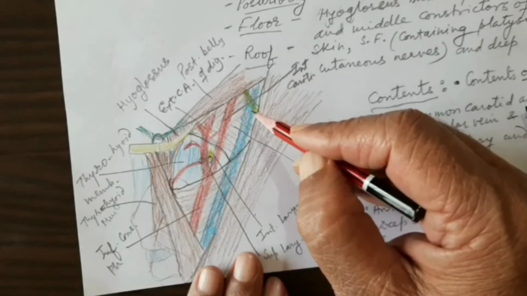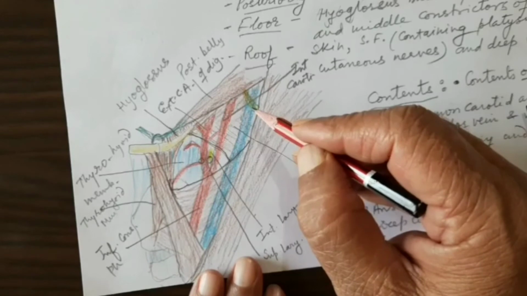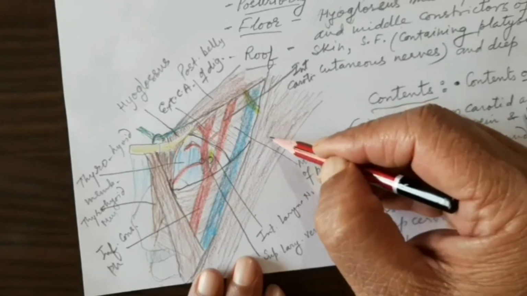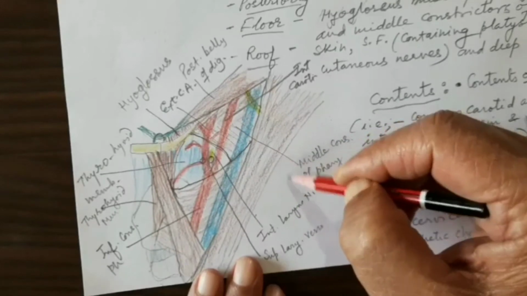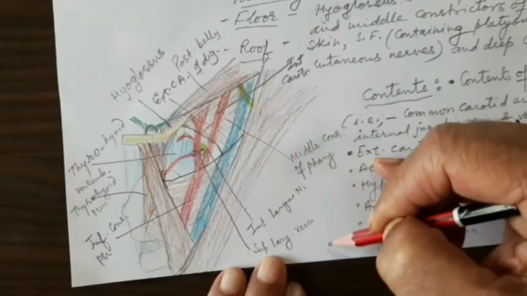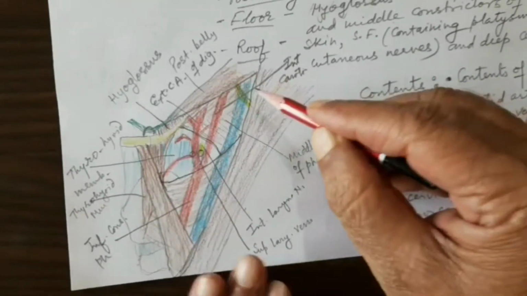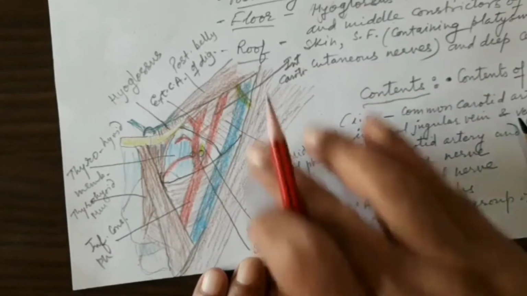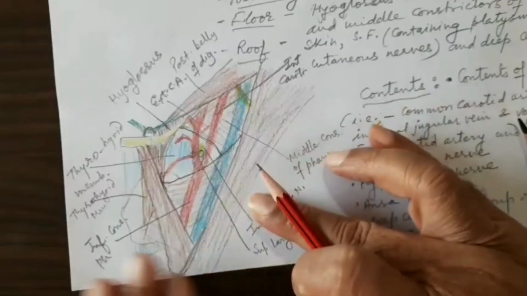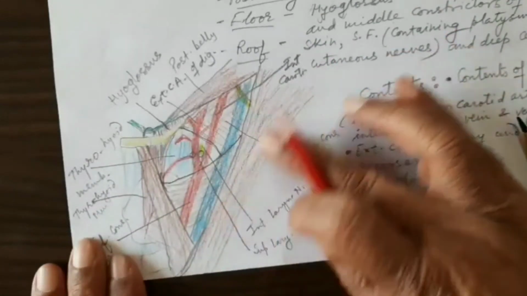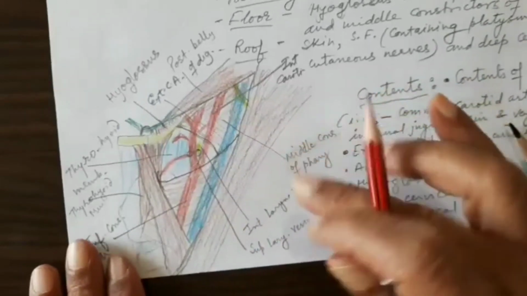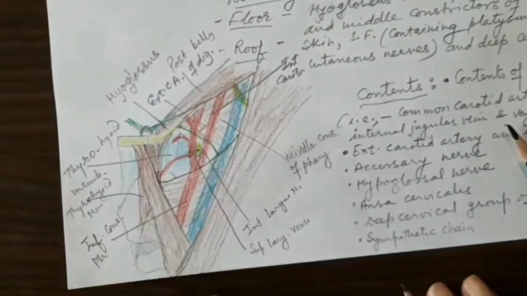This is called the accessory nerve, spinal accessory, which goes deep to the sternocleidomastoid, will come to the posterior triangle and then disappear deep to the trapezius muscle. This area is just what lies posterior to the sternocleidomastoid. Here is the posterior triangle, so this is going towards the posterior triangle, the spinal accessory nerve.